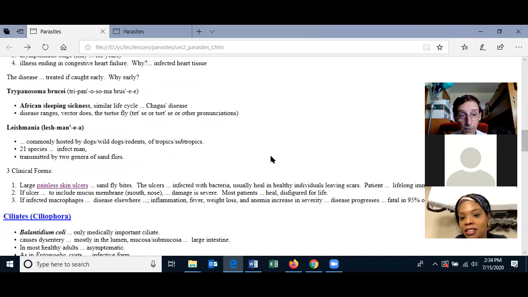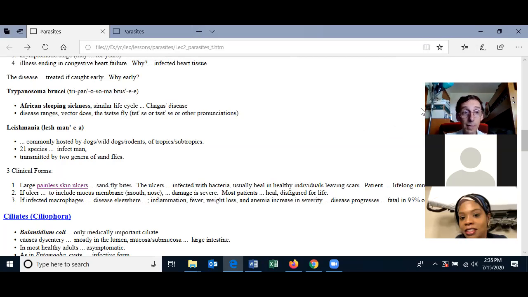The vector which transmits the disease to humans is the tsetse fly. And the disease ranges wherever you can find the vector, meaning the tsetse fly. Any questions about that?